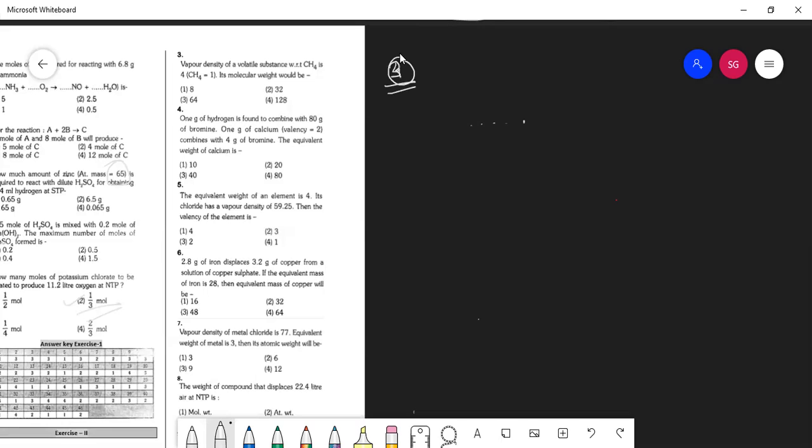The vapor density of a volatile substance with respect to CH4 is 4. Students, vapor density is given, 4. So what will be the molecular weight? 8. Yes, very good. Molecular weight will be 8.